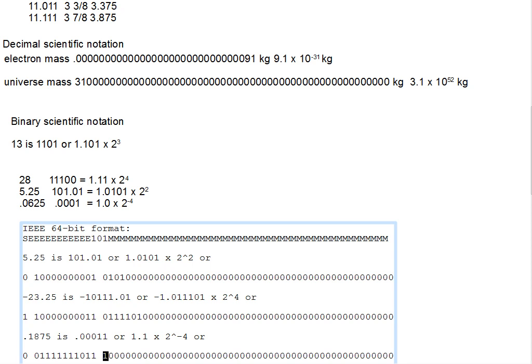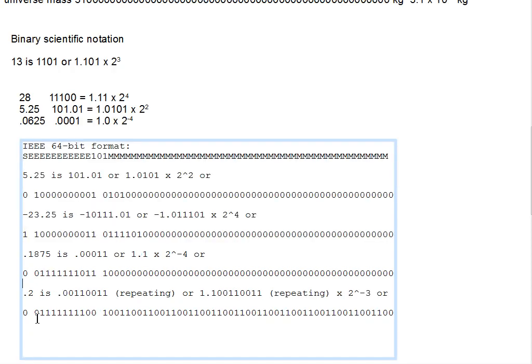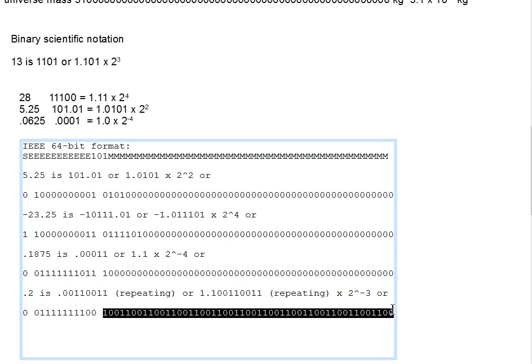And then perhaps most interesting, 0.2 actually works out to 0.011011 repeating over and over again, or 1.1001100 repeating times 2 to the minus 3rd, an exponent of exactly 1020 in fact, and then the mantissa with that repeating pattern going on and on for 52 bits.